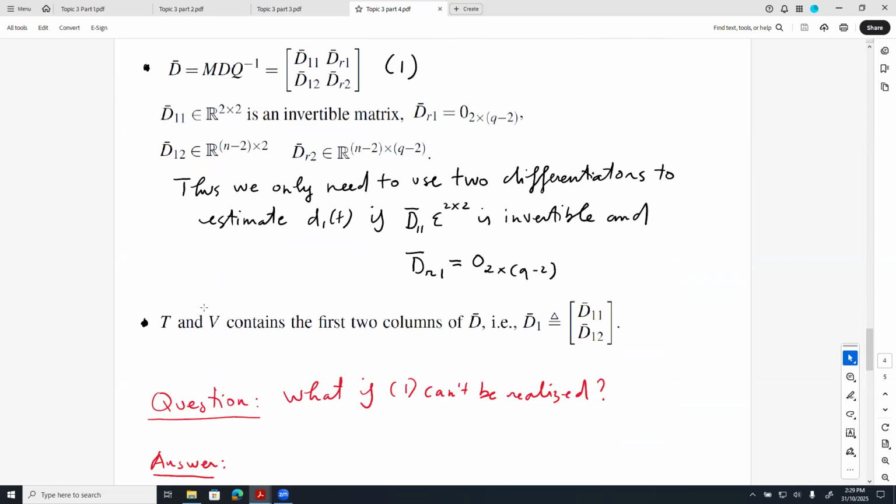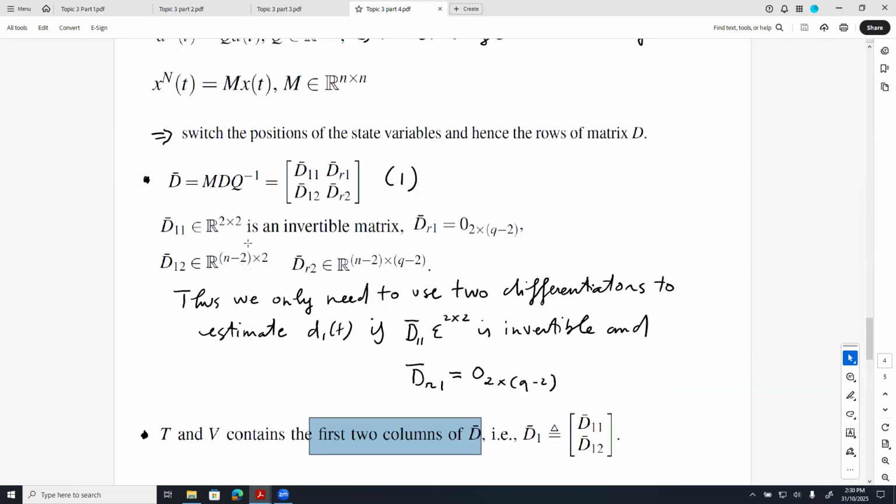And then when we do the decomposition, after we rearrange everything and do all the transformations, matrix T and matrix V will contain the first two columns of this new matrix D bar here.